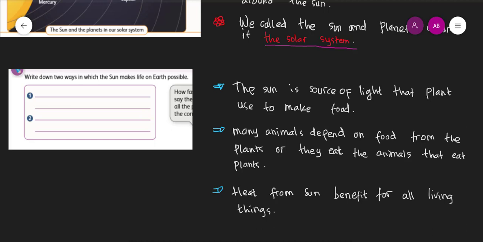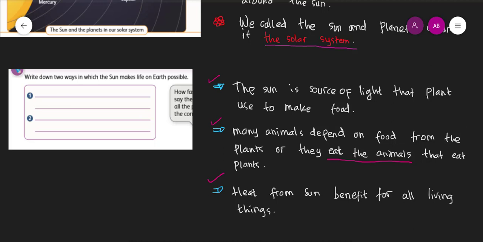The first thing is, the sun is the source of light that plants use to make food. And the second example is, many animals depend on food from the plants, or they eat the animals that eat the plants. Okay, and the third thing is, heat from the sun is beneficial for all living things.